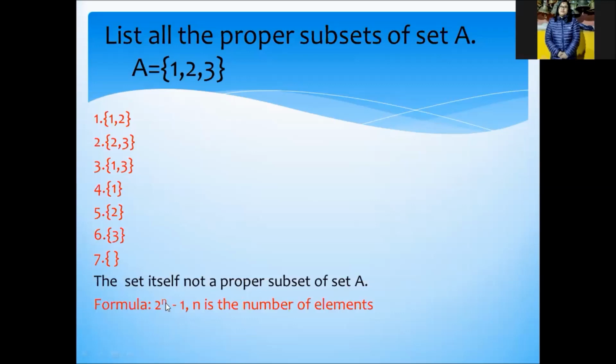The formula is 2 to the power n minus 1, where n is the number of elements. Okay, so let's take the same example. A equals 1, 2, 3. There are 3 elements. So 2 cubed minus 1 equals 8 minus 1, which is 7 proper subsets. If there are 3 elements in a set, we can find 7 proper subsets.